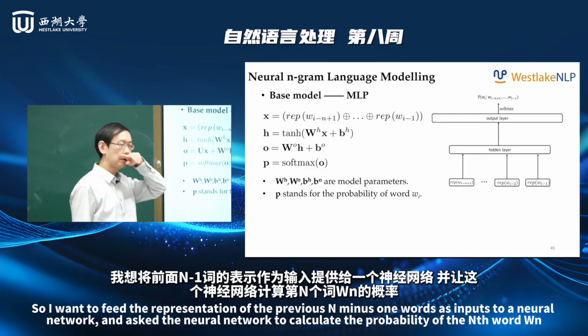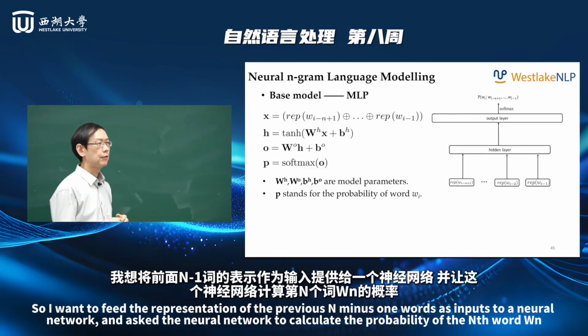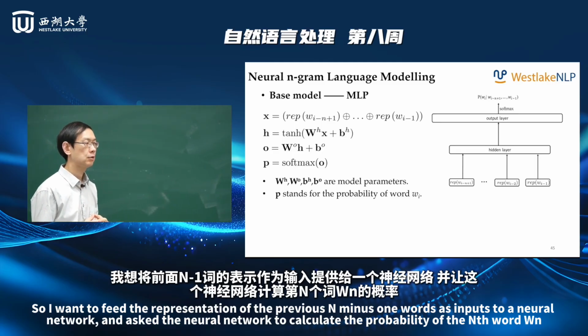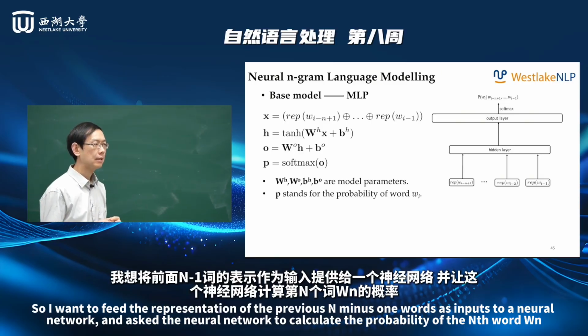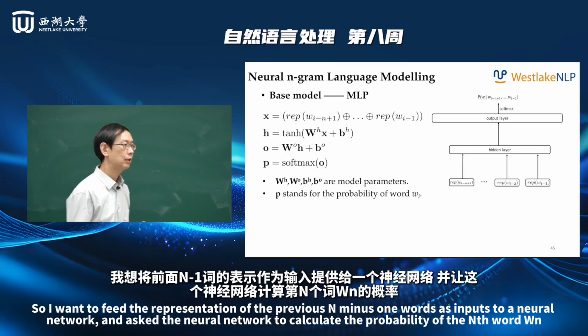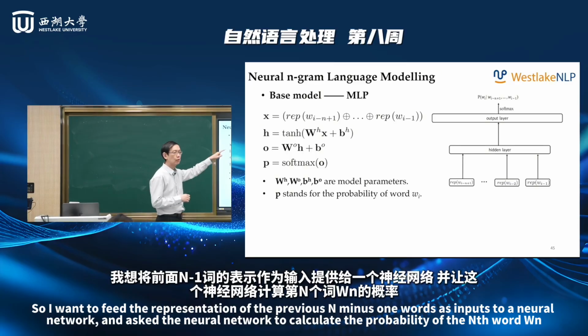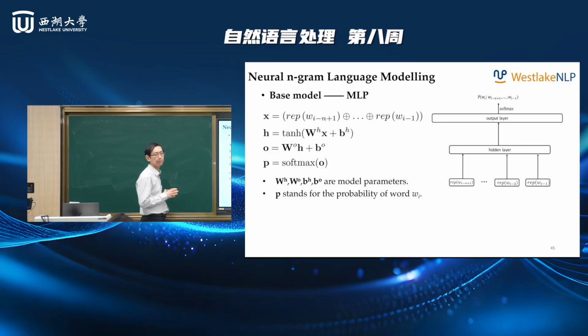I want to feed the representation of the previous n-1 words as inputs to a neural network, and ask the neural network to calculate the probability of the nth word, Wn.